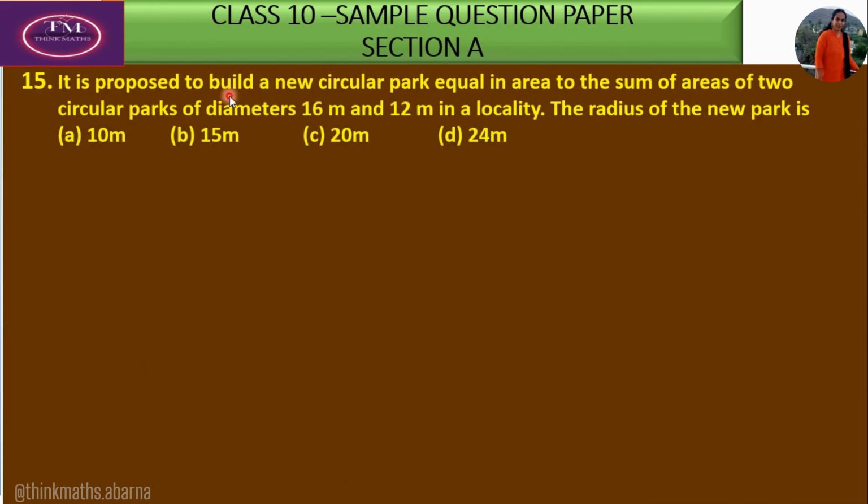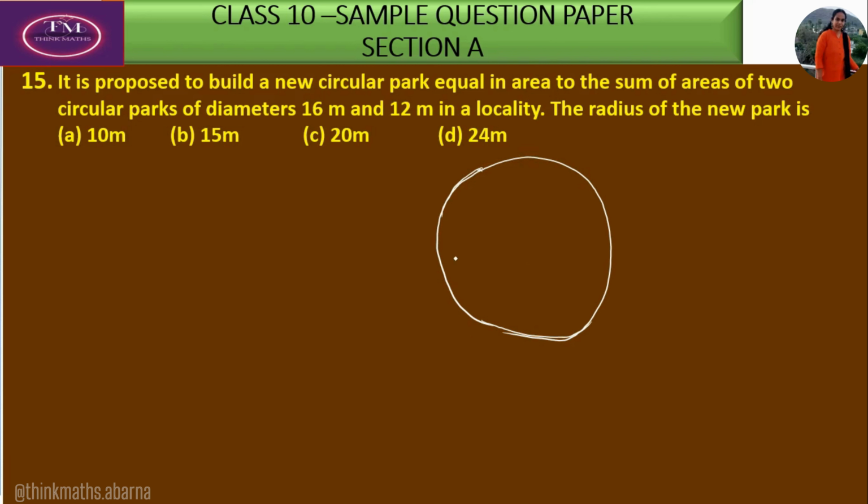It is proposed to build a new circular park equal in area to the sum of areas of two circular parks of diameter 16 meter and 12 meter in a locality. The radius of the new park is. So what is the question about? They are building a new circular park.